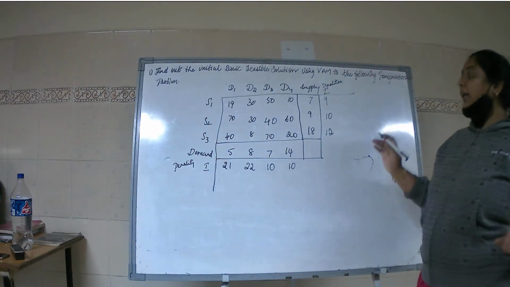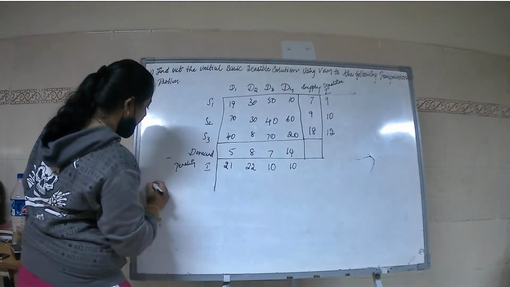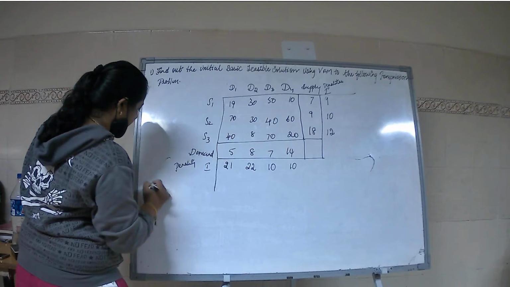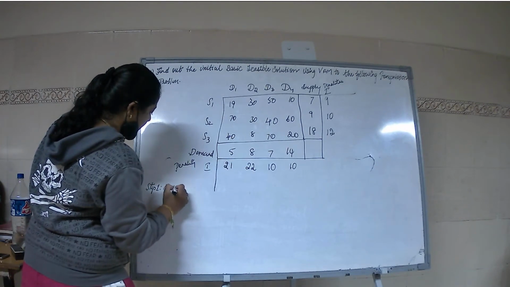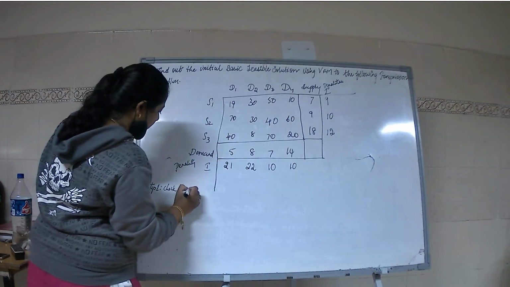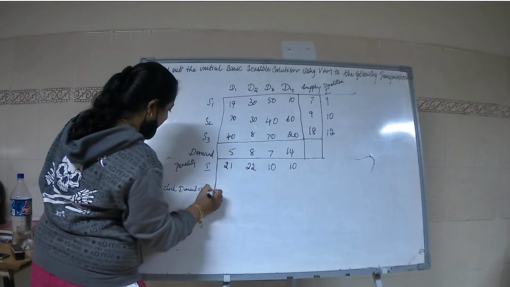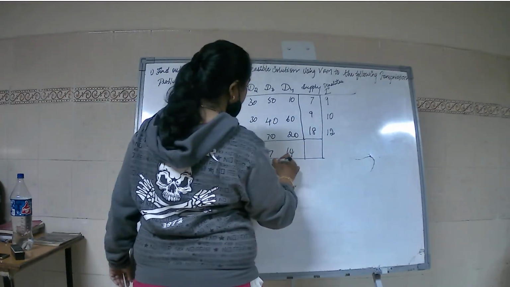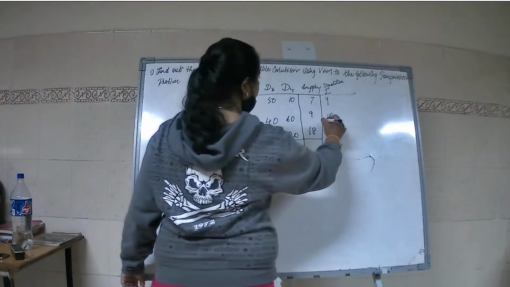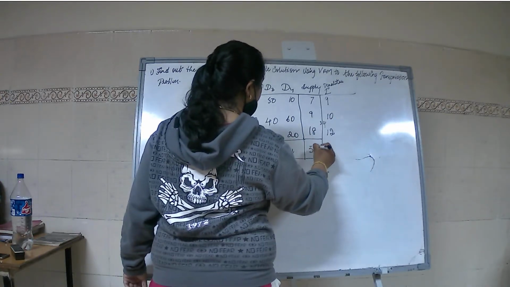Now, the first thing I forgot, I directly went with the penalty. Step 1: before moving forward, check whether demand is equal to supply. So here it is 34 demand and 34 supply.